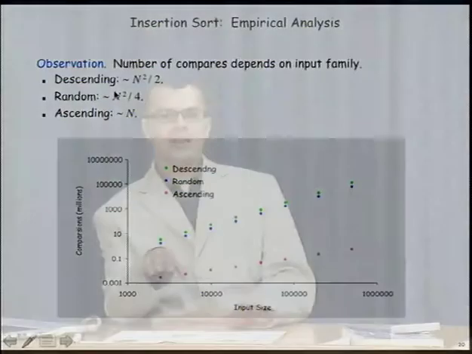We have the best case scenario, where the data is sorted, and that's usually easy to analyze. Then we have the worst case scenario, which is descending data. And then we have a random, average case, where you have to guess what's happening to the data, since you don't know what the input data looks like.